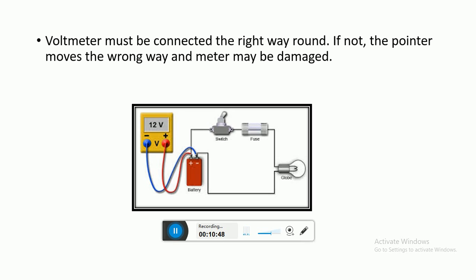One end is positive, another is negative. The positive end of that cell is connected to the red wire, and the negative end to the black or blue. By this way we will get 1.5 volts on the screen of the voltmeter in the case of a cell.